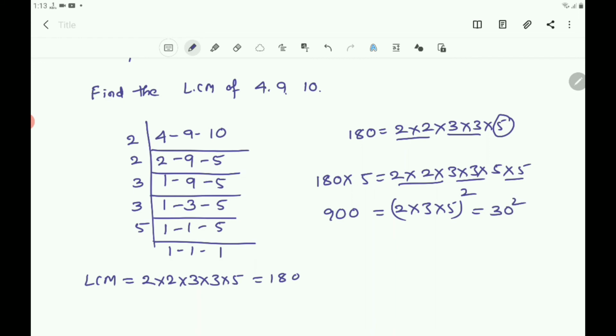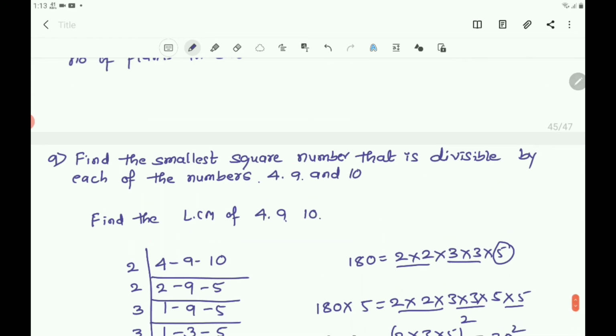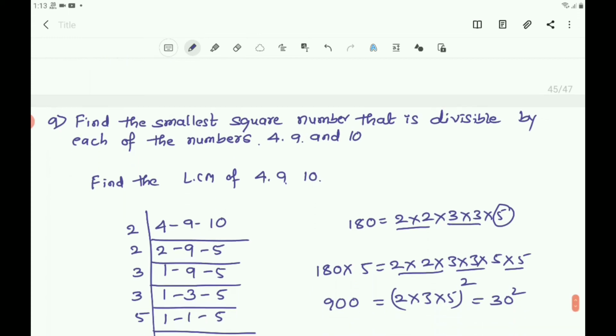So you got 900. According to the question, 900 is the smallest square number which is divisible by each of the numbers 4, 9 and 10.